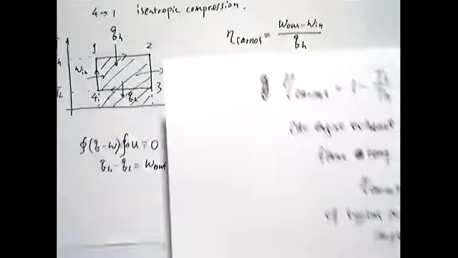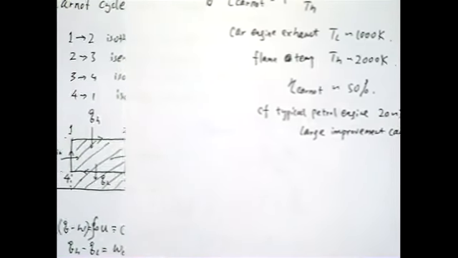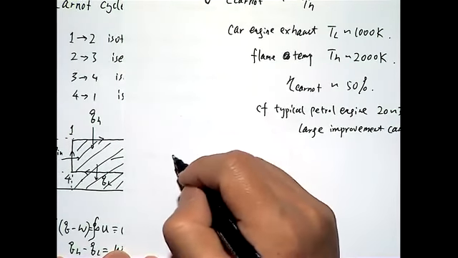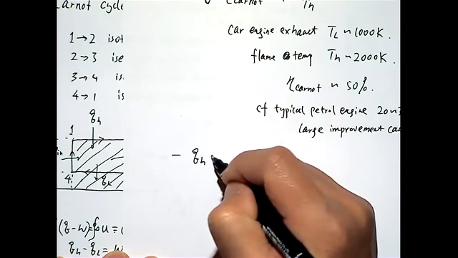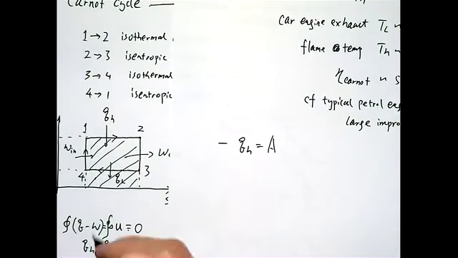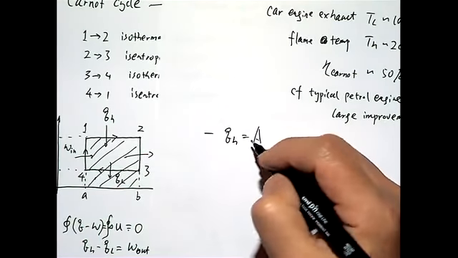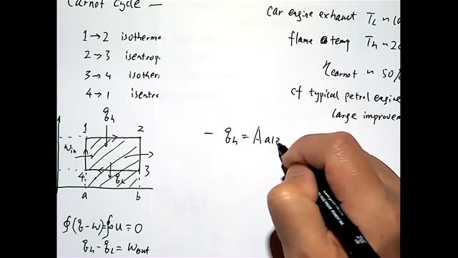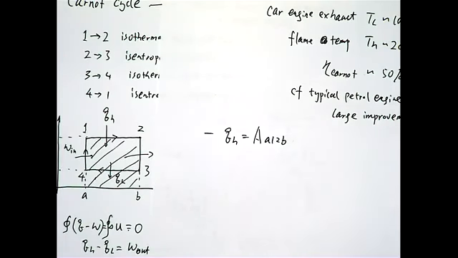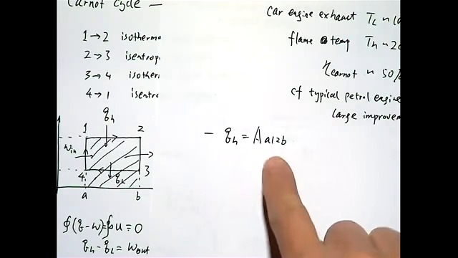So I can write QH equals the area. If I call this A and this B, the area A, 1, 2, and B, that's corresponding to the QH.